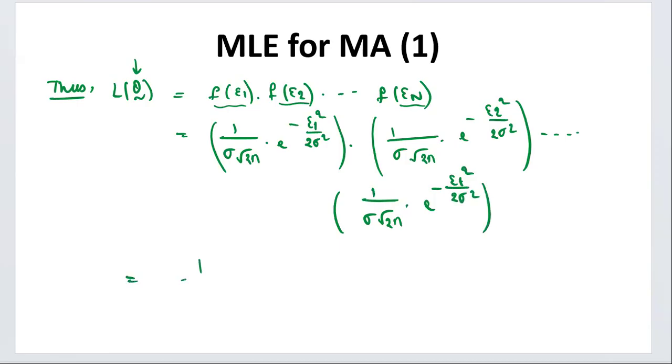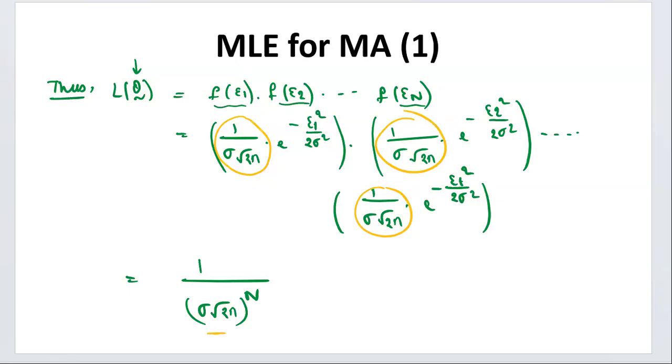So what we can write in general is sigma root 2 pi to the power n. To the power n, why? Here you have one term, here you have a second term, here you have n terms. So you are multiplying these n terms, so this will be sigma root 2 pi to the power n. And then you have e to the power minus 1 by 2 sigma square, and then these terms are adding up: this term, this term, this term, and this term.